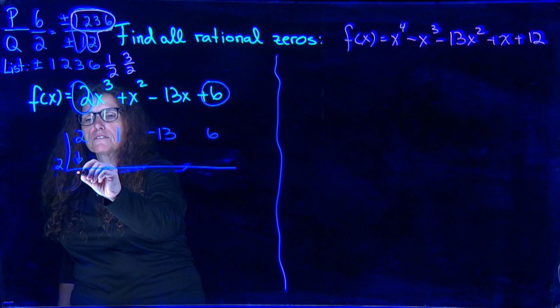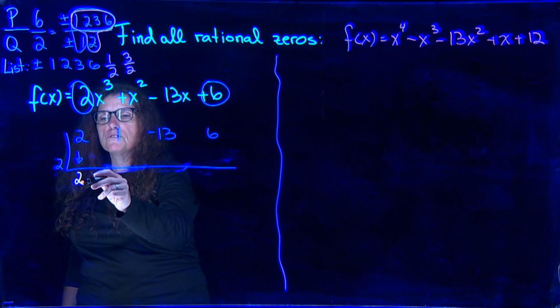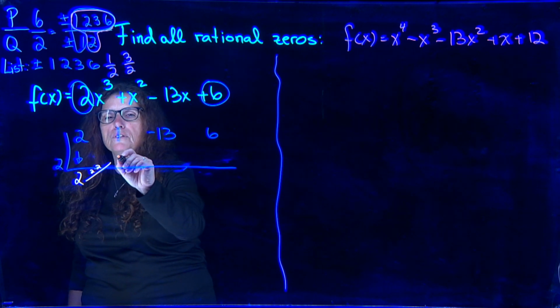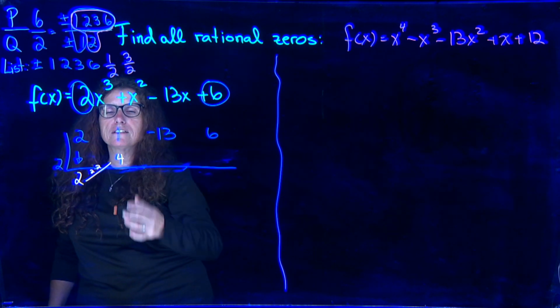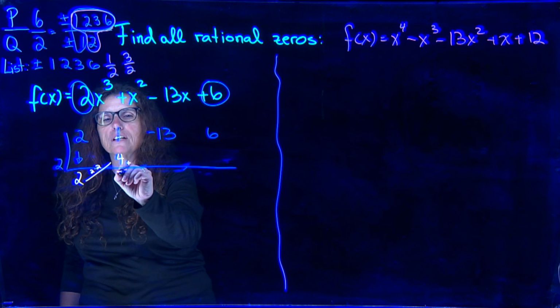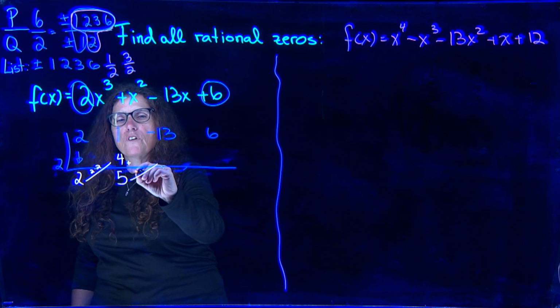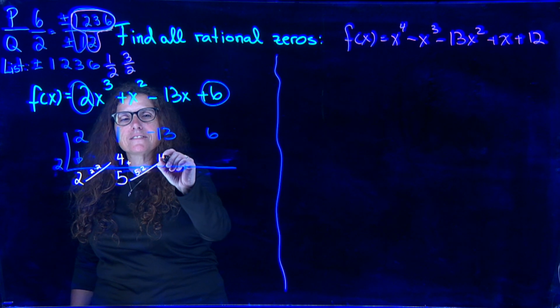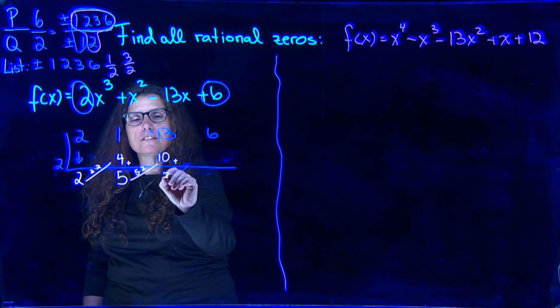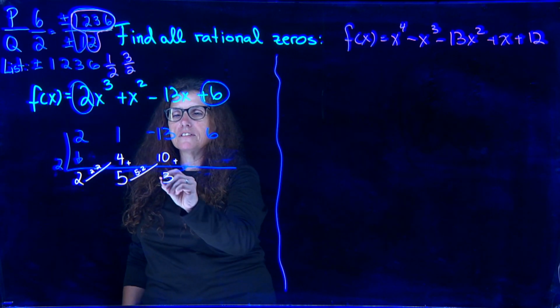Again, we bring down the first 2, the leading coefficient, and now we multiply 2 times 2, which is 4, and we write that underneath the second coefficient, and we add, we get 5. 5 times 2 is 10, plus a negative 13 is a negative 3.